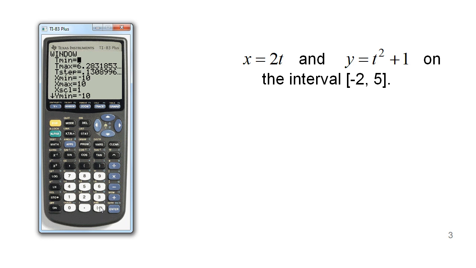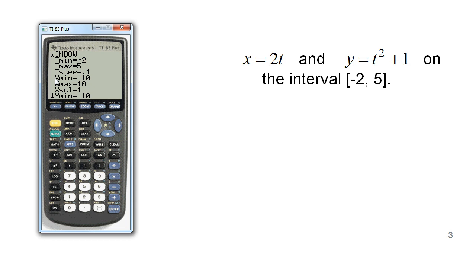We wanted our minimum t to go from negative 2, and then we wanted it to go up to 5. The smaller the step you make, the more accurate it's going to be. Instead of plotting t equals these integers, let's set the step to 0.1.